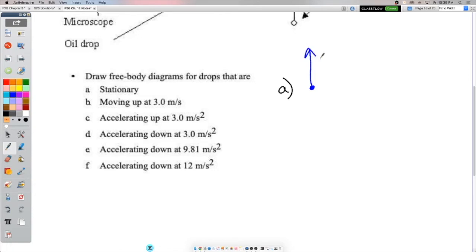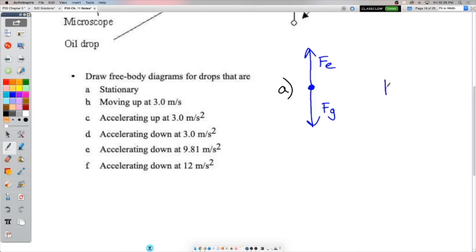So in the case of a stationary drop, which was the most important to Millikan's experiment, the electrostatic force upward was equal but opposite to the gravitational force downwards. Okay, and that's what that would look like as a free body.